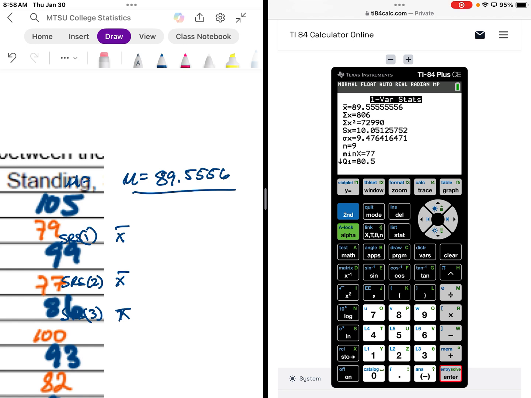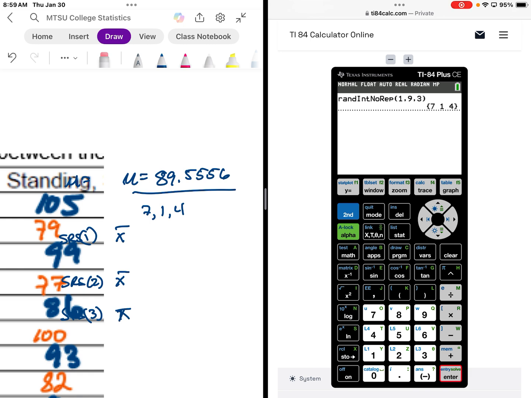So now I'm going to get my first random sample. Quit the screen, math, go over to PROB, random integer. I'm going from 1 to 9, and I'm doing 3. I want 3 at a time. So my first one is student number 7, 1, and 4.